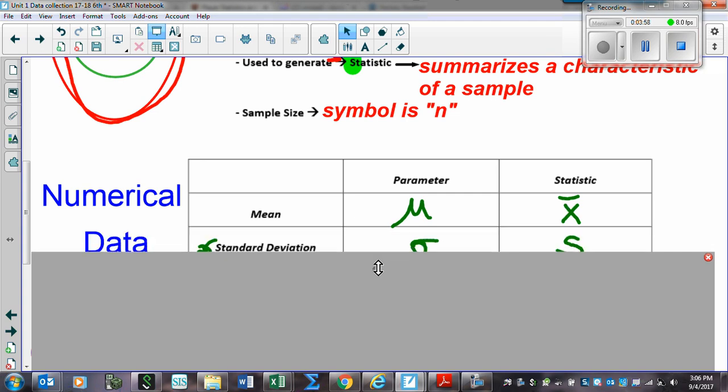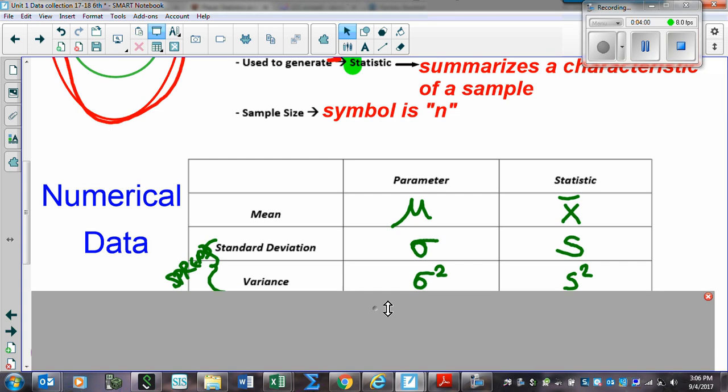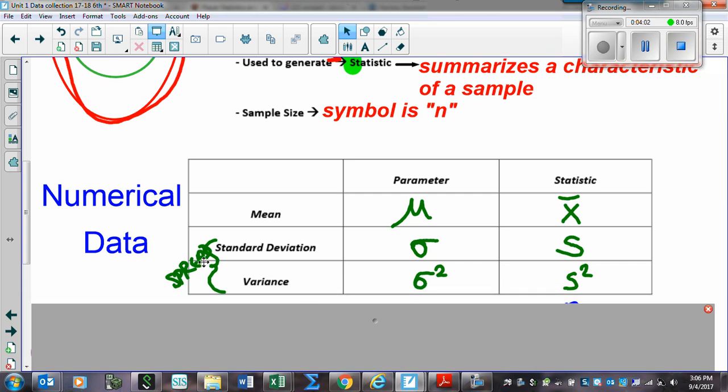And then standard deviation and variance are related to each other. These are measures of spread. Standard deviation for the whole population is symbolized with a sigma, lowercase sigma, which is kind of a circle with a squiggly tail on the end. And for a sample, the standard deviation is just s.